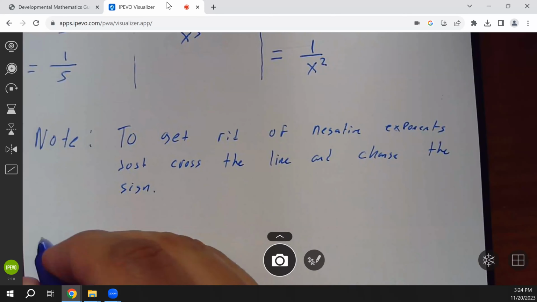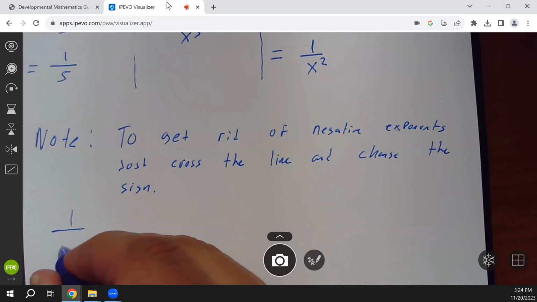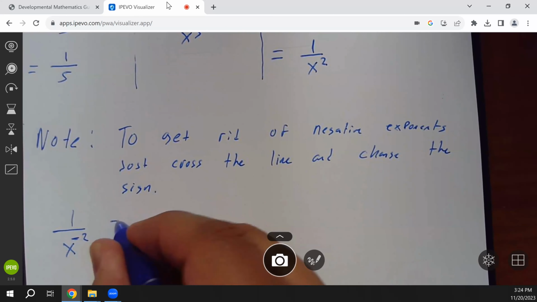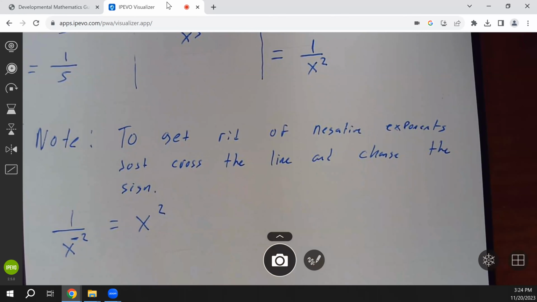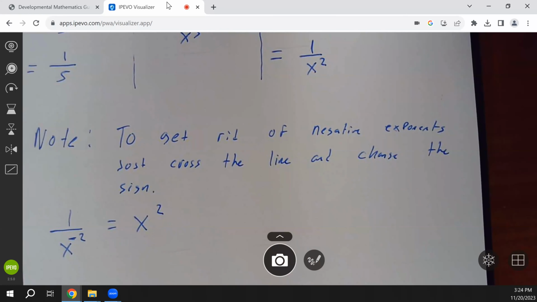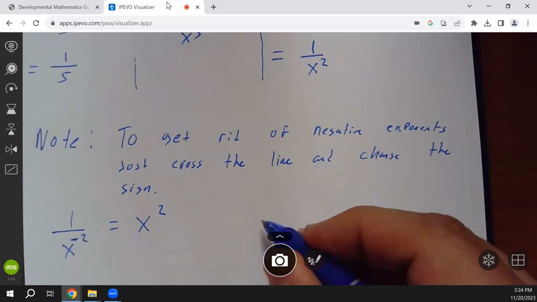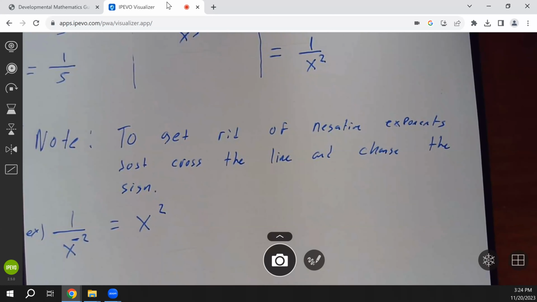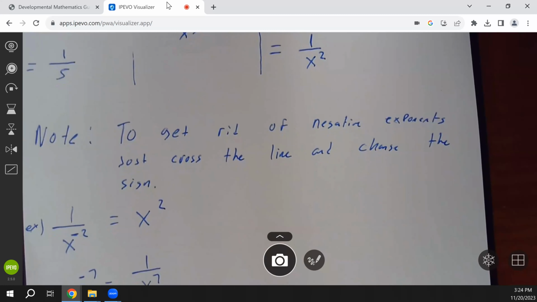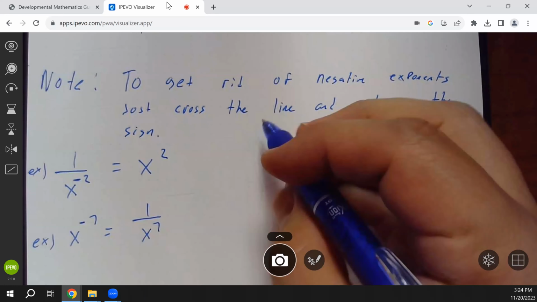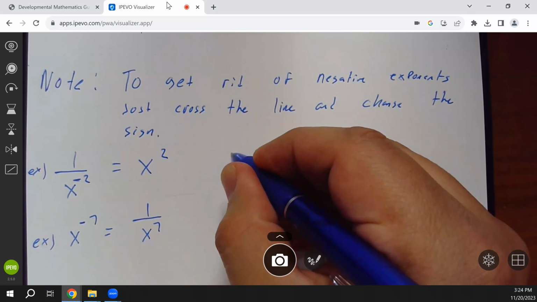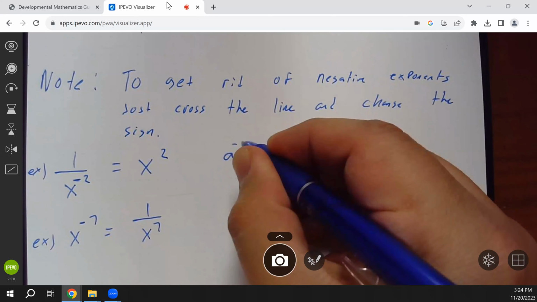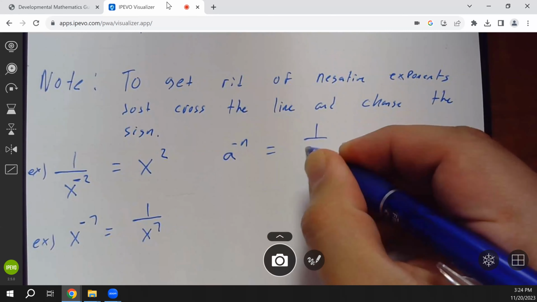So for example, if it's already negative down here, and bring it to the top. I can forcibly bring it back down, make it negative, or I can bring it up, make it positive. Again, if it's negative up here, well, bring it to the bottom. This is how you deal with the negatives. So the formula said a to the negative n is equal to 1 over a to the n.